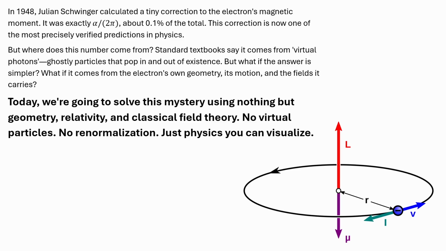Standard textbooks will present this image, but then at the same time say they're virtual photons that sort of ghostly pop in and out of existence, out of the vacuum. We think the answer is much simpler. We think it comes from the electron's own geometry, that motion that we show here, but we do not assume that a particle or a charge, if you model it as a sphere or a shell or whatever, has no size whatsoever.